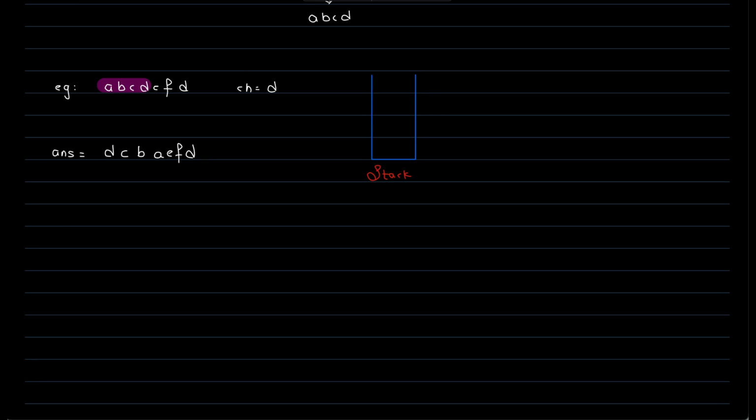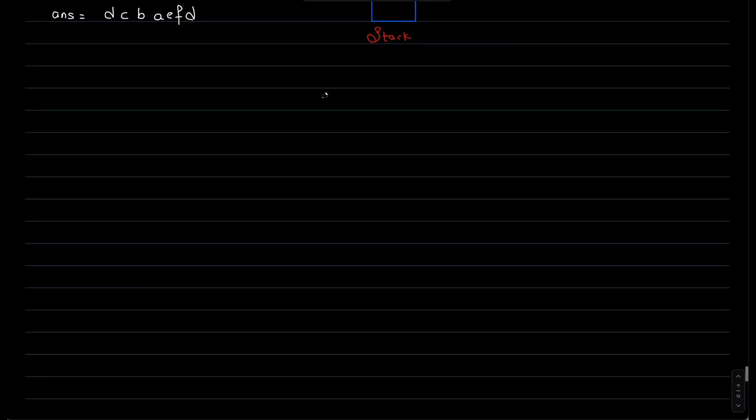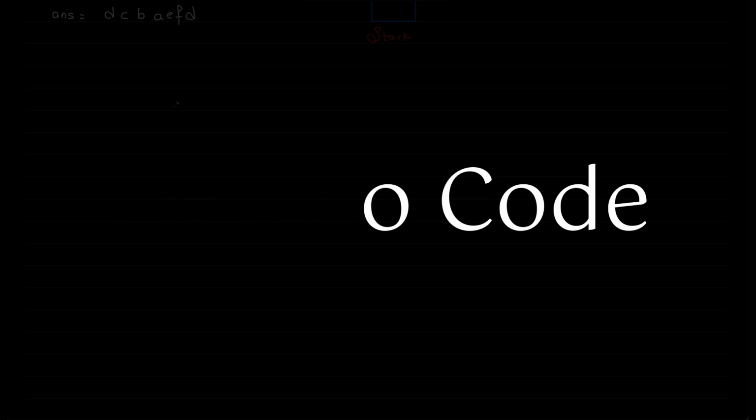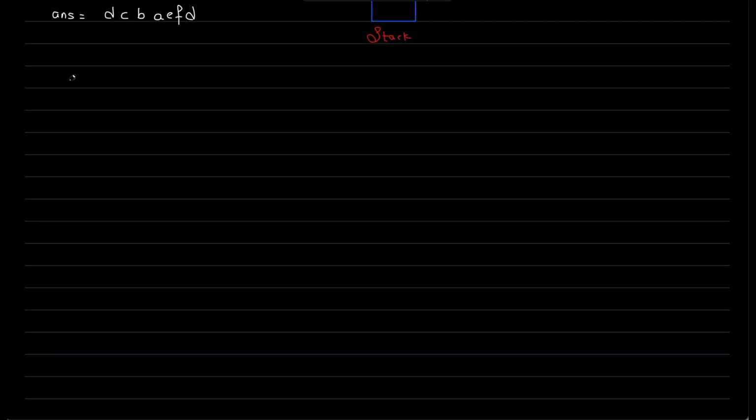Now see guys, first I'll check whether D is present inside this word or not. If it is not present, then I'll not do anything. I'll simply return that string only. So the pseudocode. Since we are returning a string, the data type of the output is string, then the function name is reverse prefix.